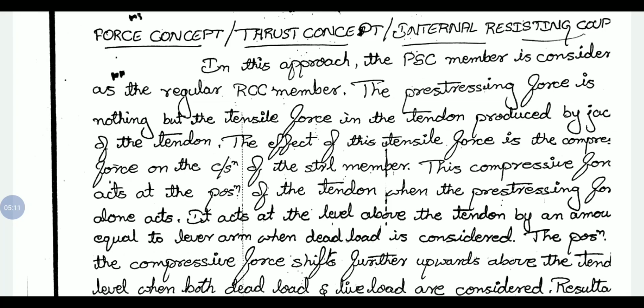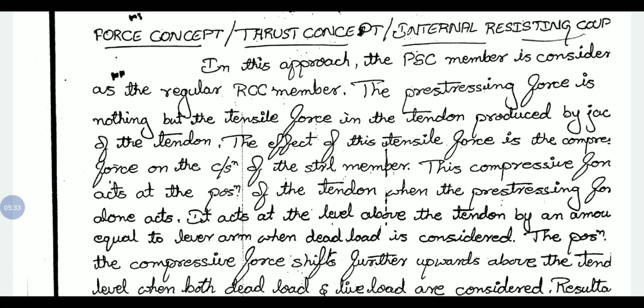That shifting of the compressive force above the tendon indicates that as we apply the load, we are transferring the tensile stresses from the steel to compressive stresses on the concrete.